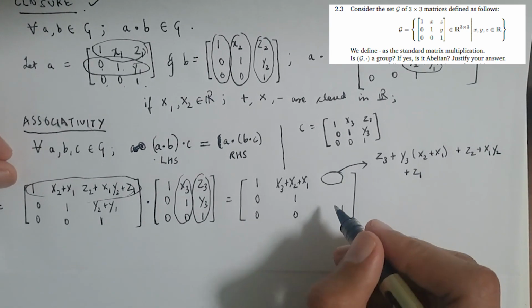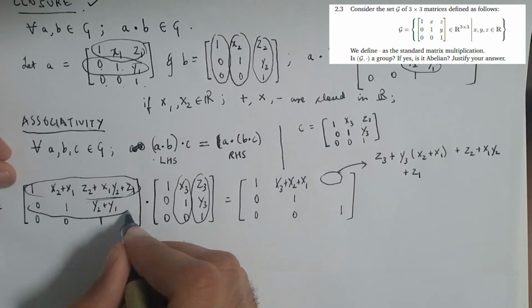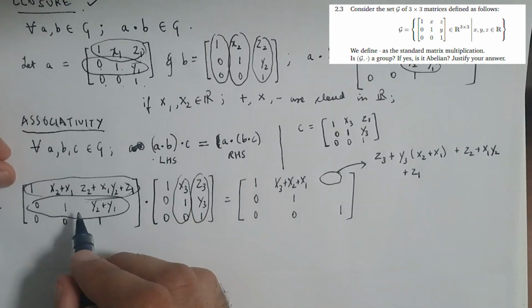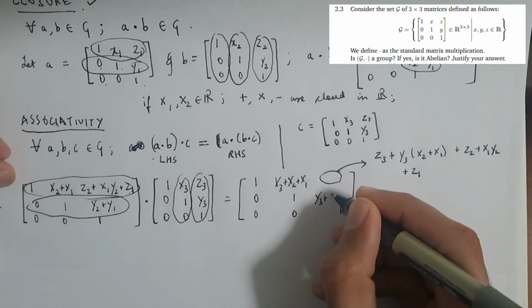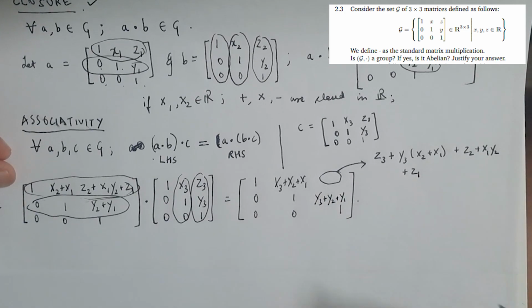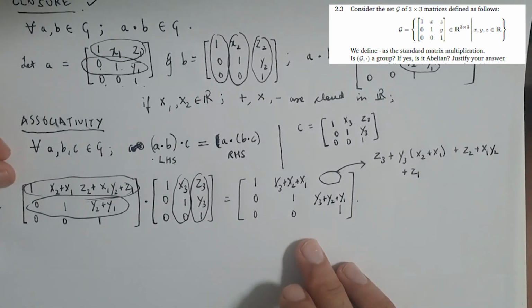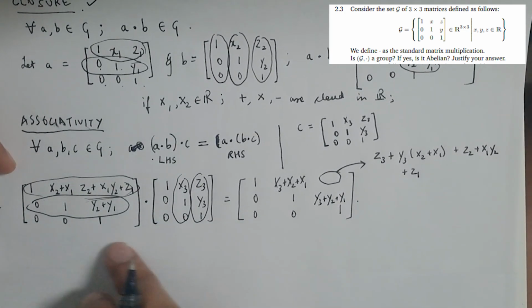Yep, that sounds right. And let's look at this. That's 0, that's 1. So this will be y3 plus y2 plus y1. So this is what you get as the left hand side.